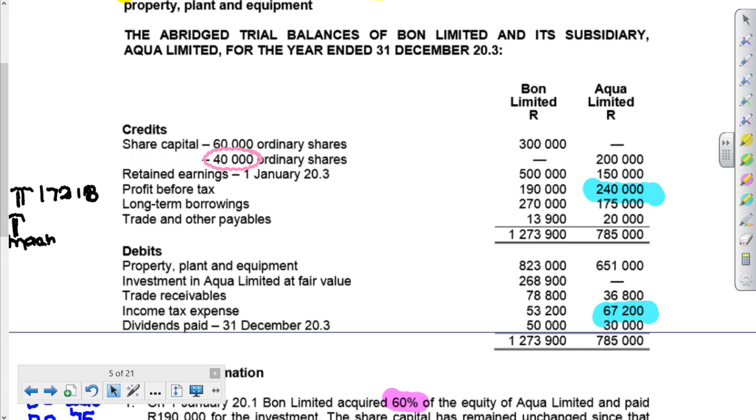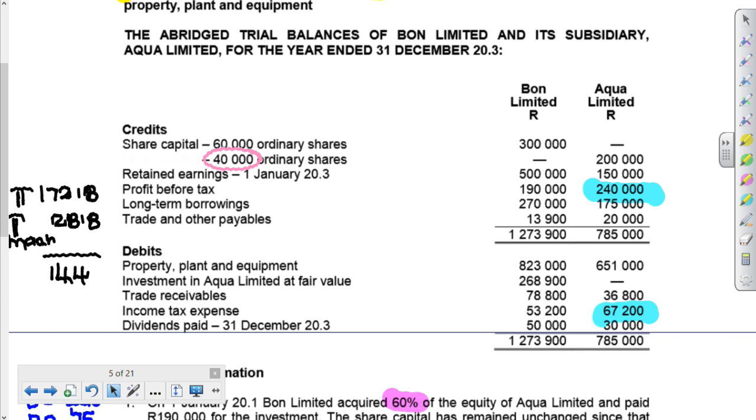It's 40 times 72%. How much am I removing? 28.8. Okay. So the profit in Aqua is 172,800 after tax. Included in there is a profit on sale of a machine, which after tax is 28.8.